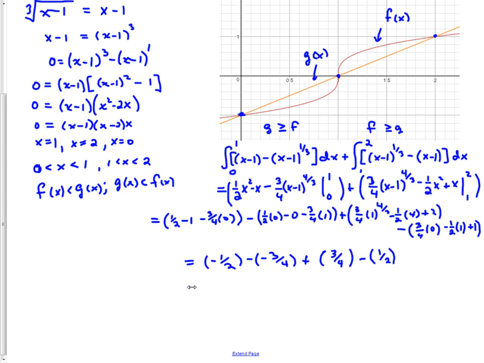And so making the appropriate little additions and subtractions as I go from left to right, this is going to be 1/4, negative 1/2 plus 3/4 plus 3/4 minus 1/2, that's 1/4, and so the total area under that curve amounts to 1/2. Well, that's just what we were looking for, and so we're done.